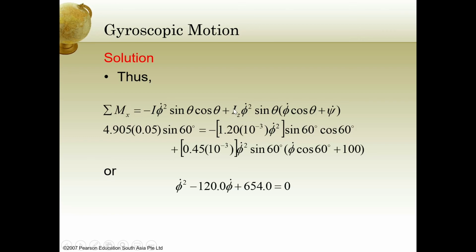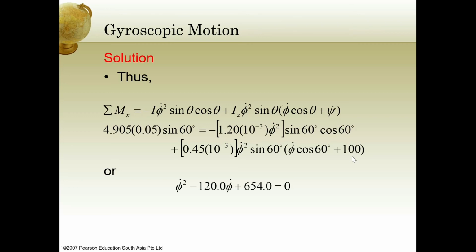This is the axial moment of inertia, because Iz is about the spinning axis. Right now what we want to calculate is the psi dot, which is the speed of precession. So we can replace theta with 60 degrees, and we can replace the C with 100.